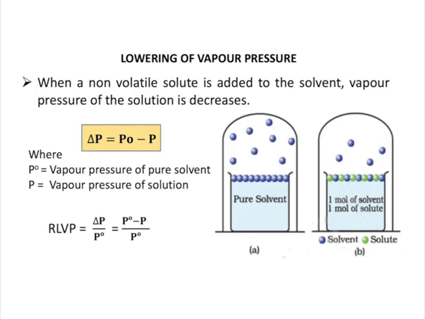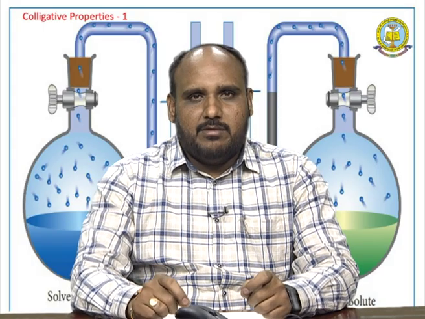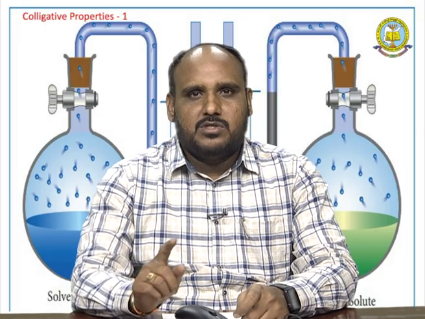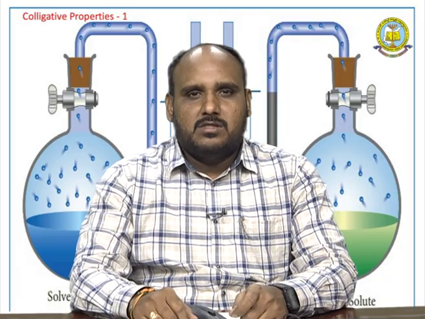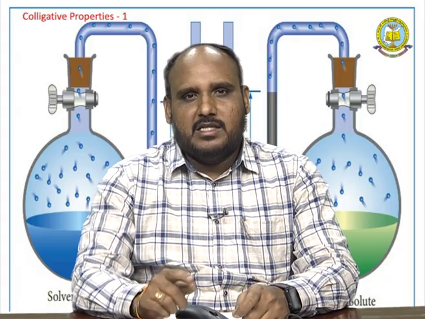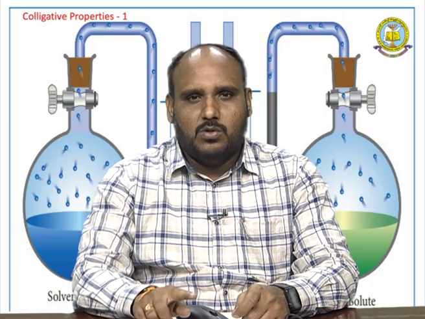The ratio of the lowering of vapor pressure to the vapor pressure of the pure solvent, that is delta P by P naught, is known as relative lowering of vapor pressure. So, we get P naught minus P by P naught. This relative lowering of vapor pressure is directly proportional to the mole fraction of the solute.